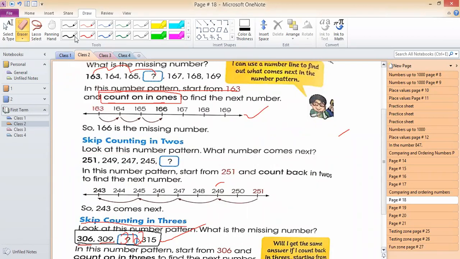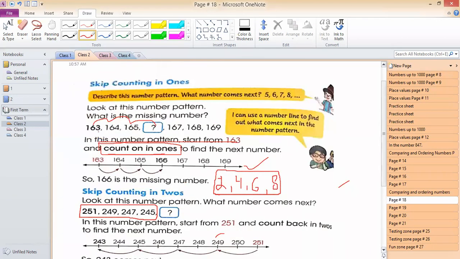For this, you have to check the sequence. If the sequence of numbers is arranged from biggest to smallest, then you are counting back. If it is arranged from smallest to largest, like 2, 4, 6, and 8, that means you are just counting.